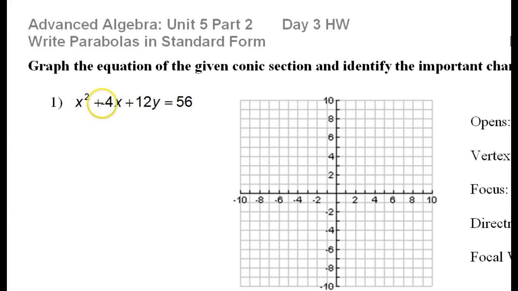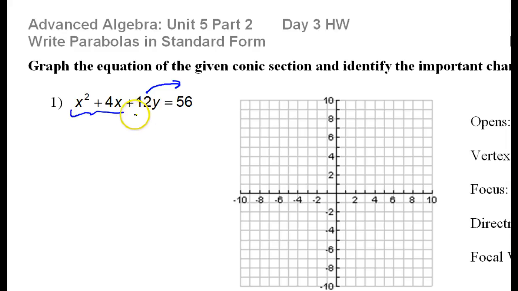Alright, if I want to rewrite this in standard form with the parentheses and everything, focus on this, okay? Look at the variable that's squared. That's the x. That lets me know that this is what I want on the left side of the equation. Everything else needs to be on the right hand side.